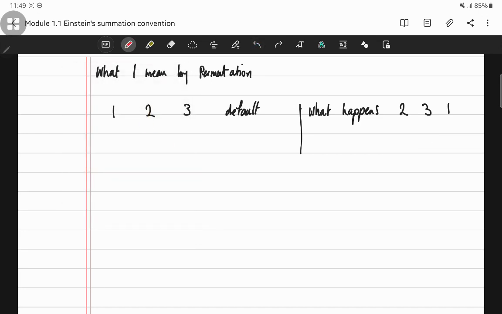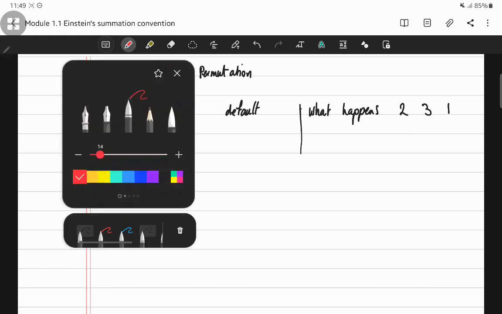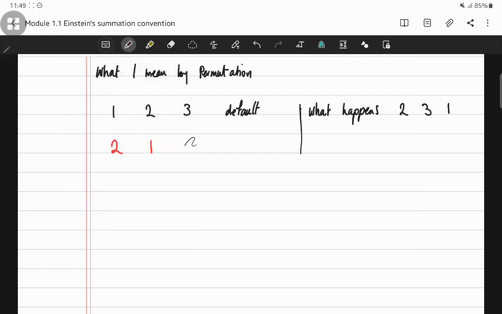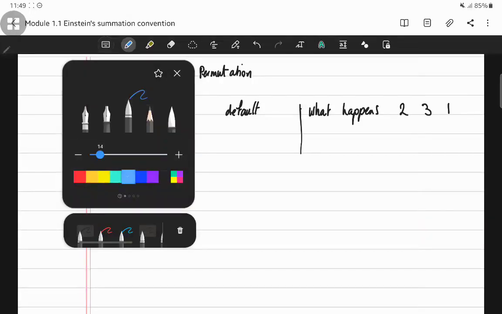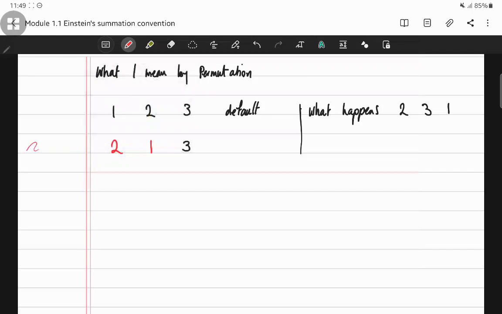For the first one, you need to swap 2 and 1. So you have 2 and 1, and you have 3 here. This is the first manipulation, or first permutation.